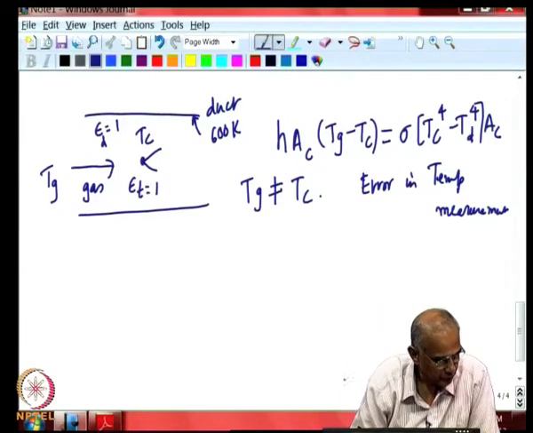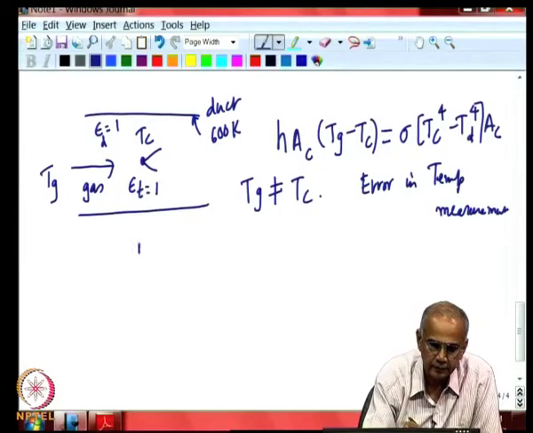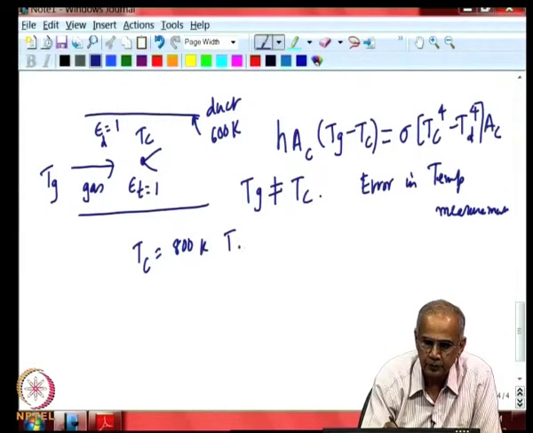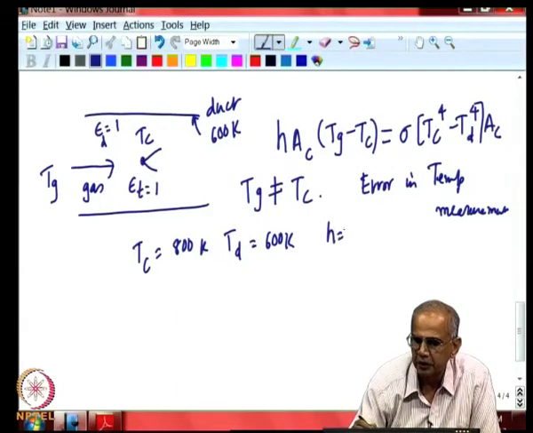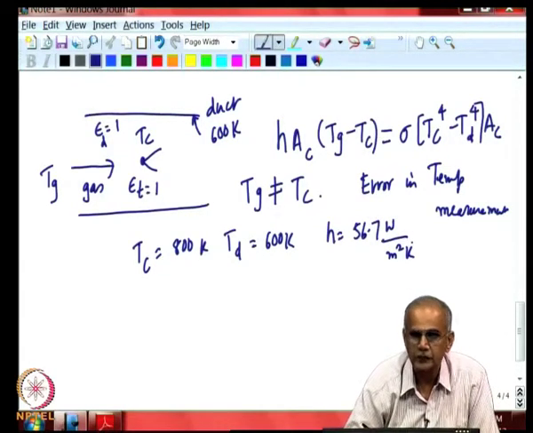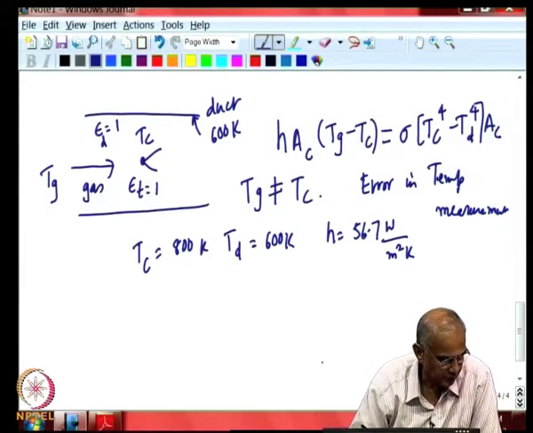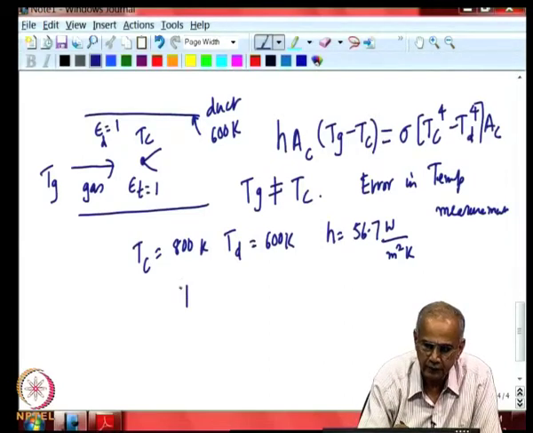So, if you take a typical example, suppose the thermocouple is reading 800 K and the duct we have assumed is at 600 K, and let us assume that the heat transfer coefficient in this case is around 50 watts per meter square degree Kelvin, typical for gas flow at reasonably high velocities. If you put all this in, you will get the temperature of the gas as 1080 Kelvin.